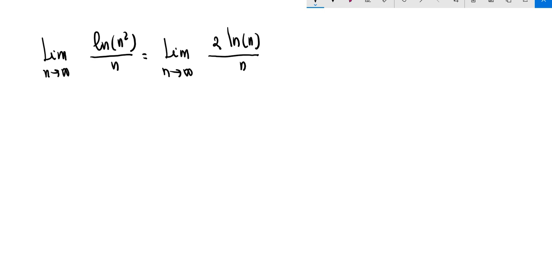So L'Hopital's rule tells us, because the numerator is going to infinity and the denominator is going to infinity, we may appeal to L'Hopital's rule and we take the derivative of the numerator. Right, so we get 2 over n, and then the derivative of n is just 1.